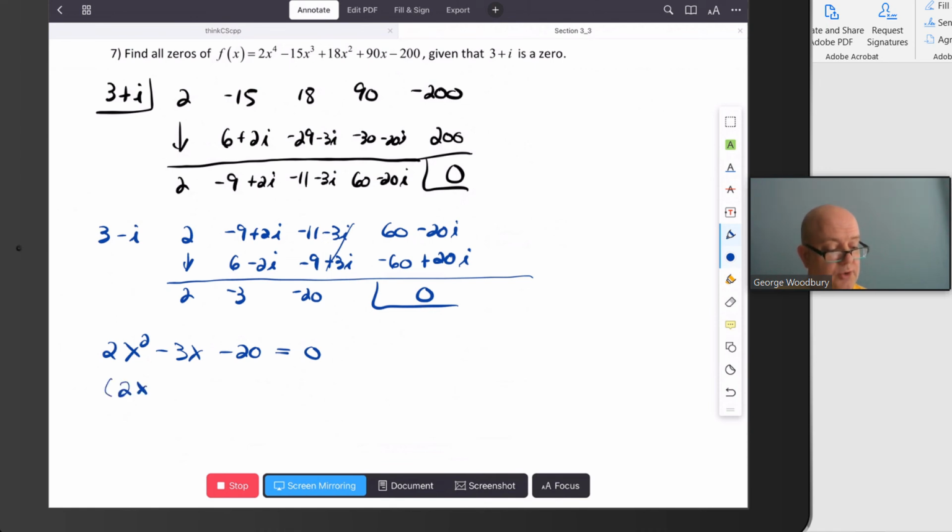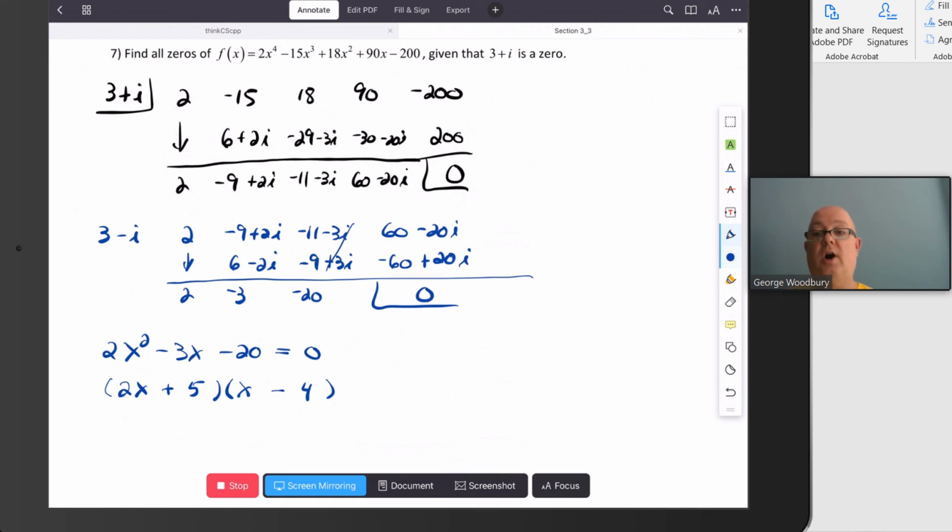This is actually going to be 2x times x, and 5 and 4 are the two numbers, where the 5 is positive and the 4 is negative. If you FOIL that back out, we see the 2x squared, we see the negative 20, but outside is negative 8x, inside is positive 5x, that makes negative 3x.